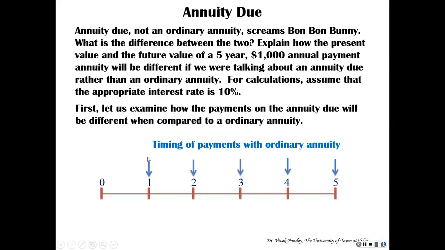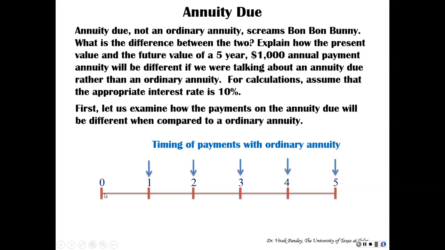Okay, so we see that with an ordinary annuity, it's a 5-year annuity with annual payments, and the timing of cash flow is going to be at the end of each period. So in a timeline like this, we start with now, which is representing the point in time now, and then a year from now, that's 1.